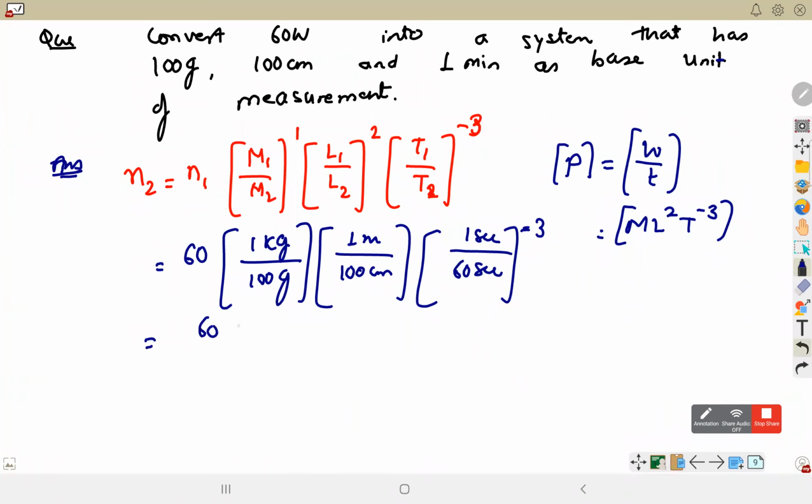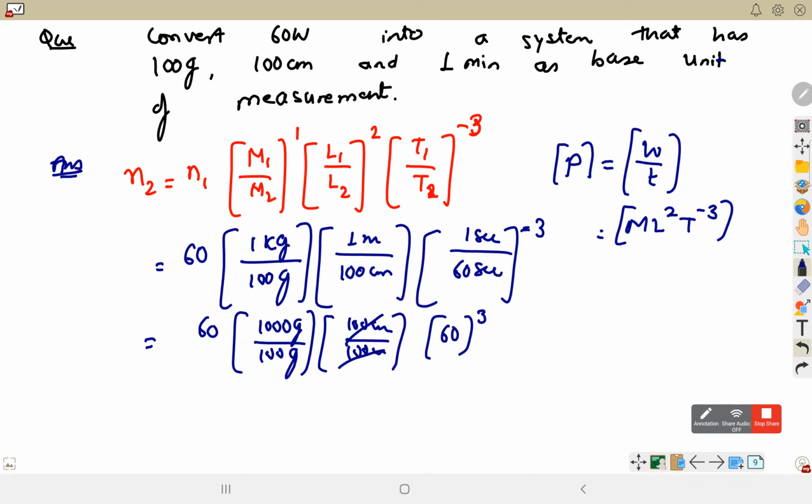So 60, 1 kg become 1000 gram divided by 100 grams, so it will become 10 only. 1 meter is 100 centimeter, this get cancelled out. Second gone, this becomes 60 नीचे था to the power plus 3. So that becomes 60 into 10 into 60 cube.